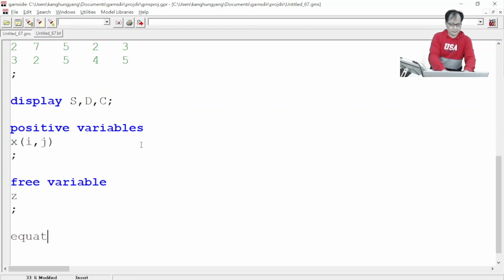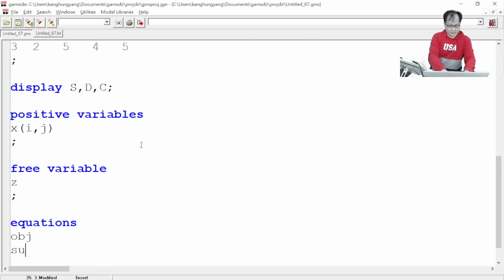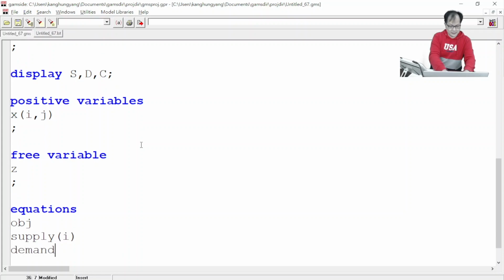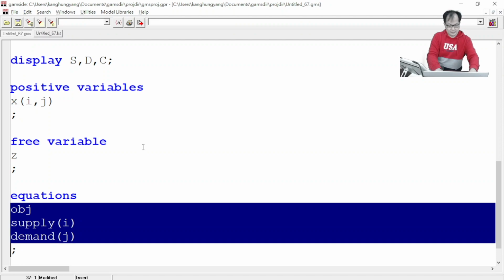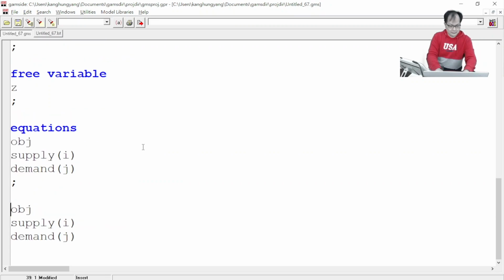Then we define the equations: objective, supply I, and demand J. We define the total cost as the summation over I and J of Cij times Xij.